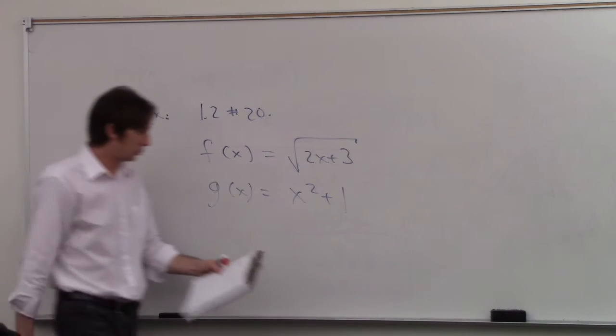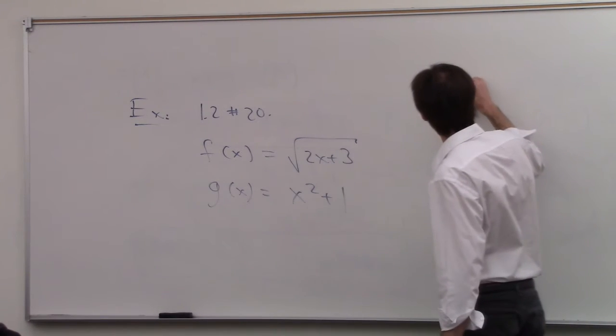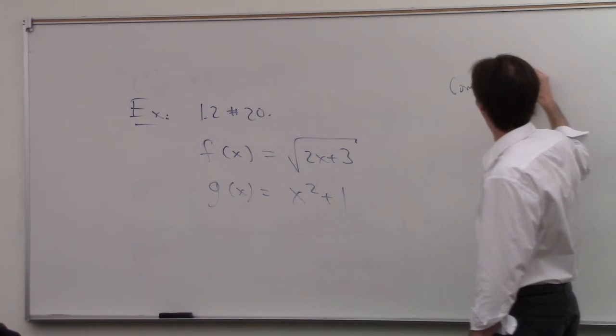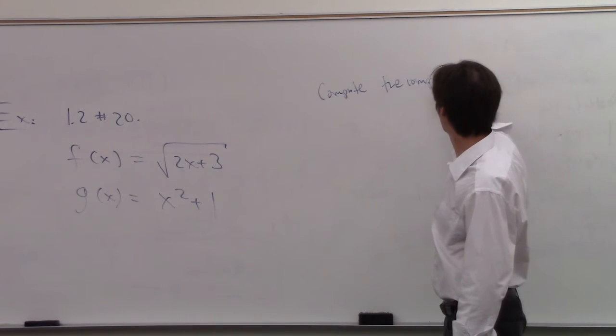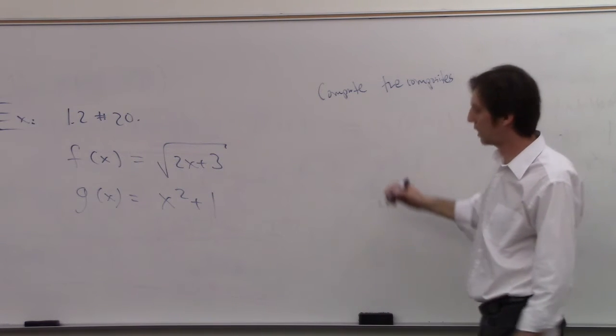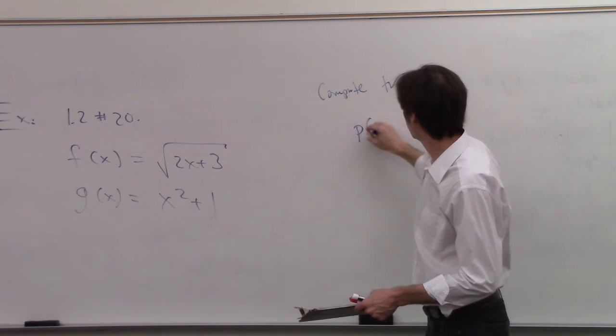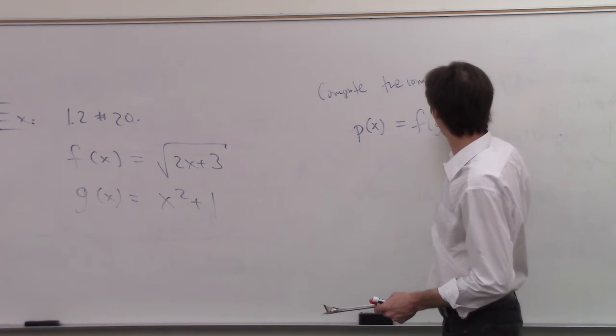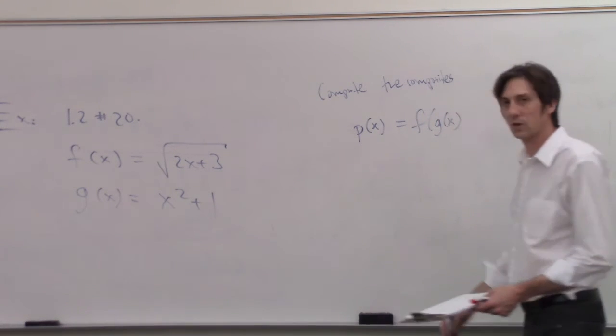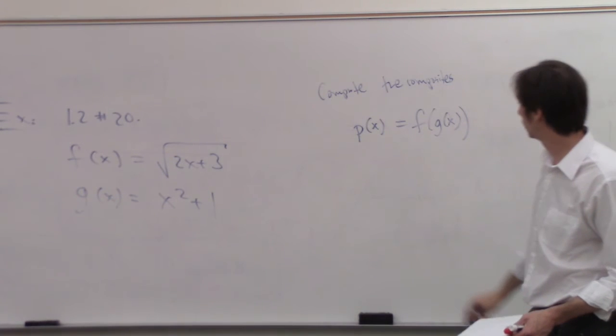What I'm supposed to do is compute 2 different compositions. I'm supposed to compute the composite p of x, which is defined to be f of g of x. So that's what we'll do first.